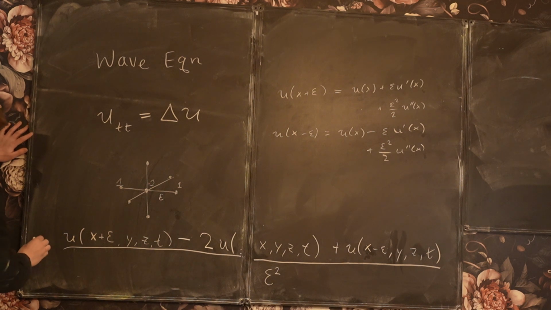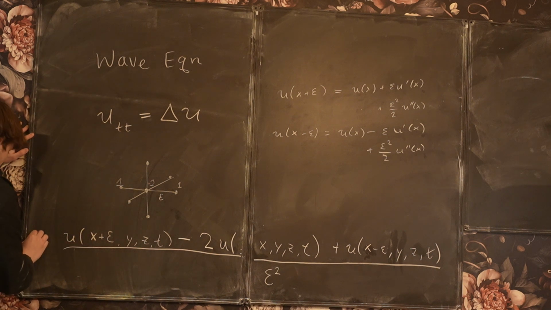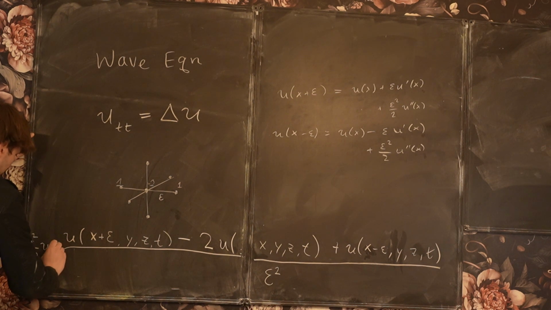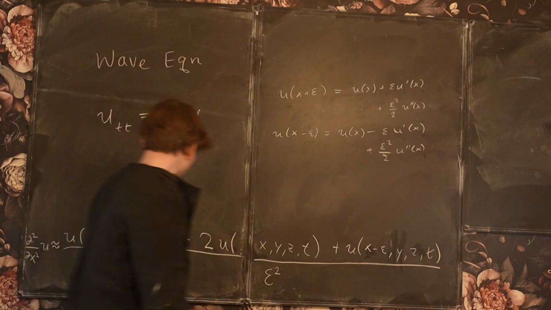And so this is going to be our discretization of the second derivative. Okay, so u double prime of x, which is going to be partial squared over partial x squared of u. And this is approximately given by this expression, okay?